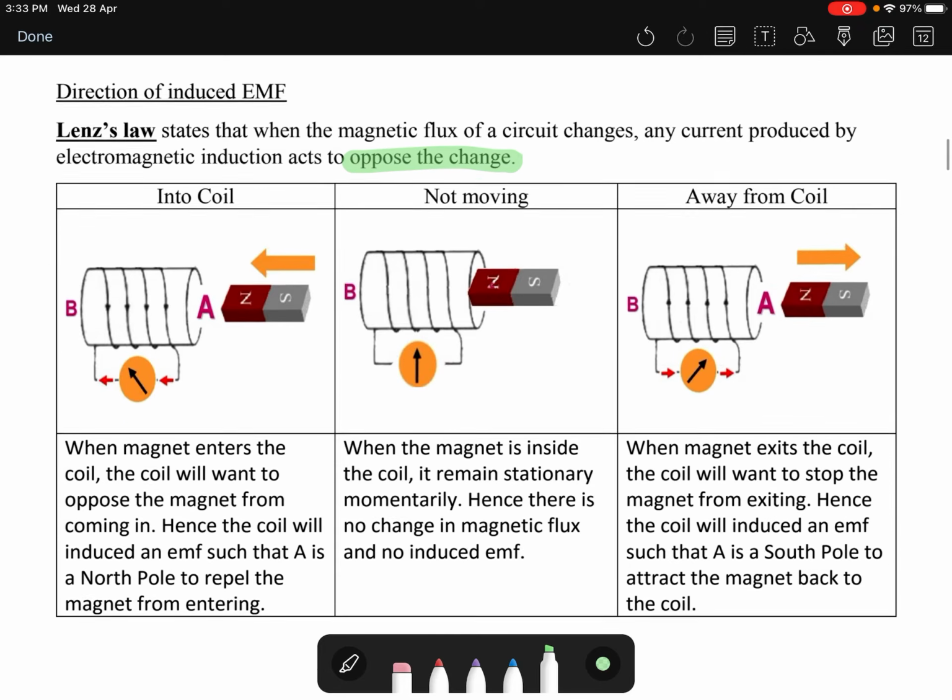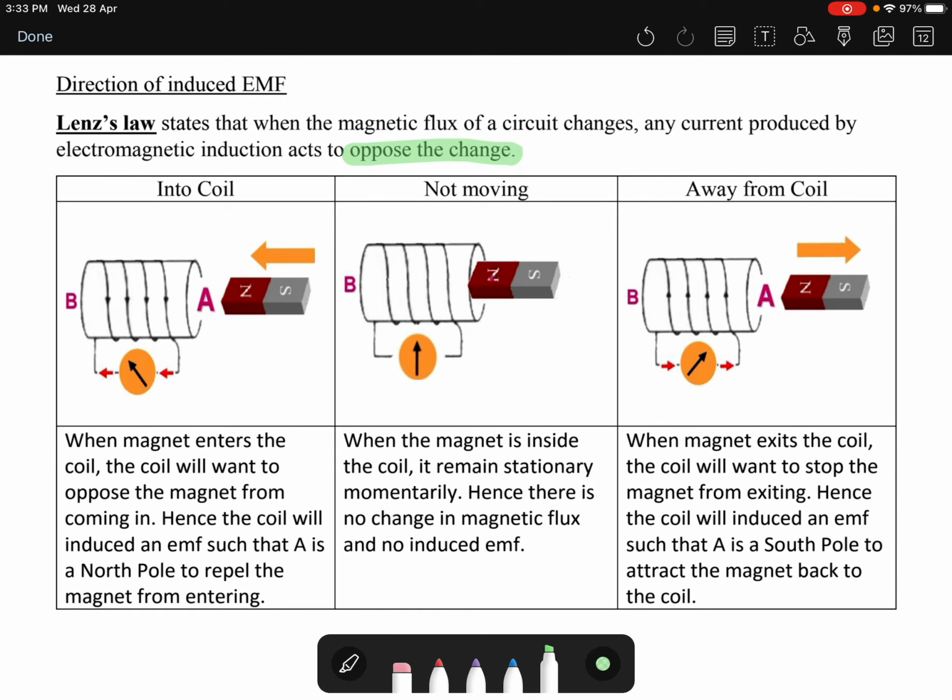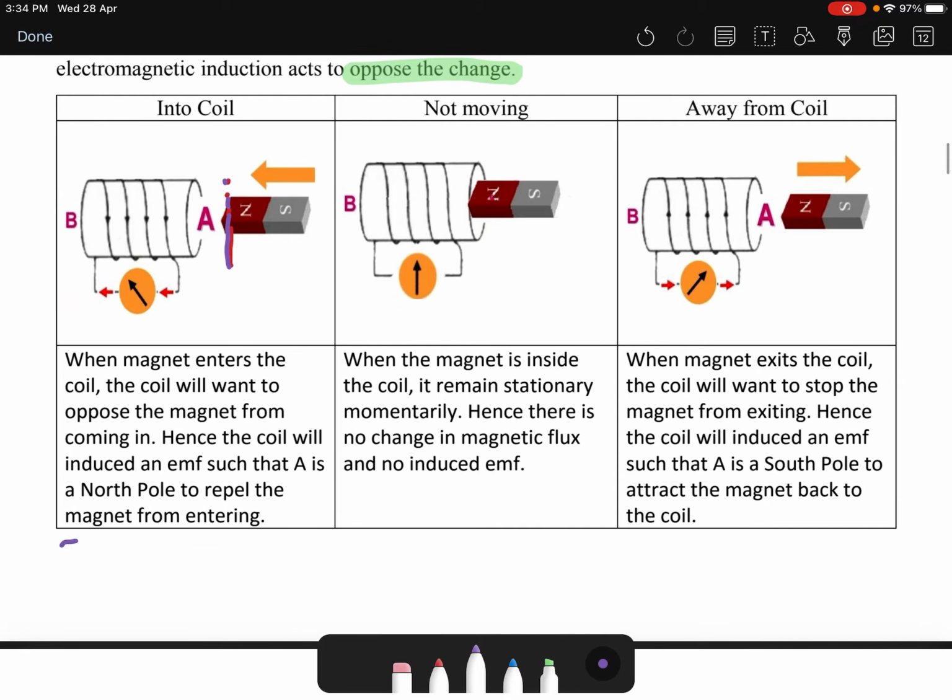In this example where I push the magnet into the coil, initially the magnet is right here, so the coil experiences maybe 1.2 Gauss, or Tesla also can, of magnetic field.